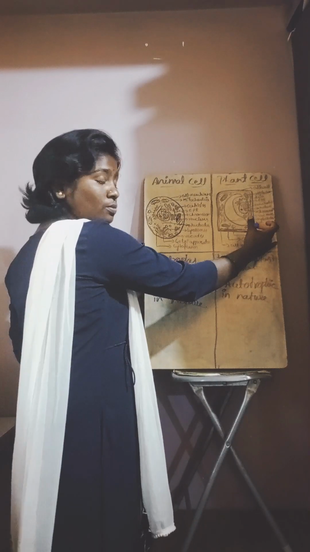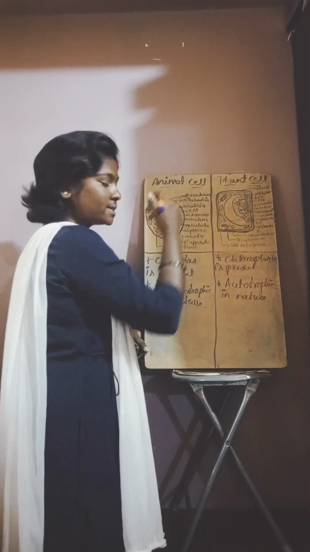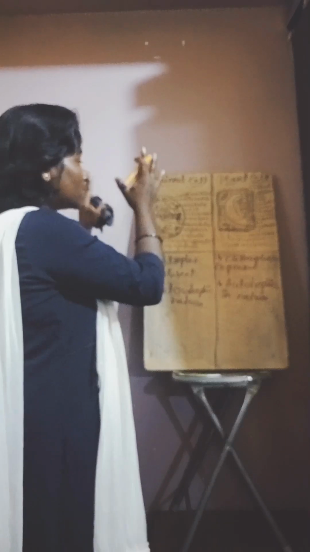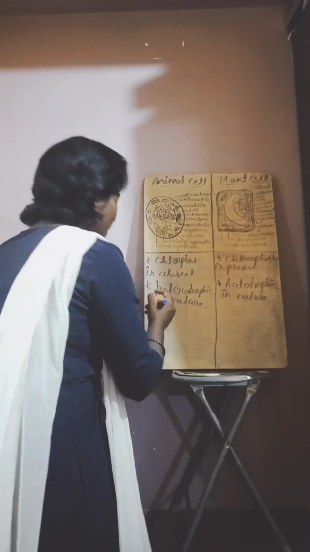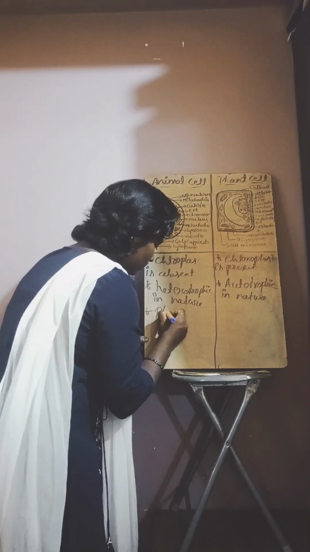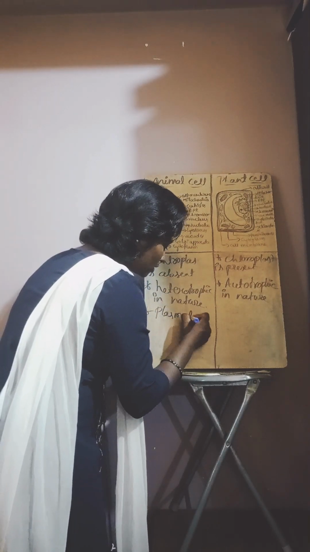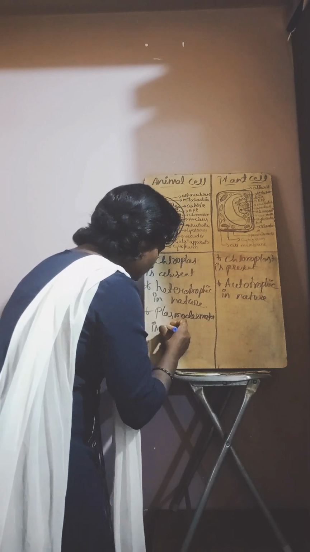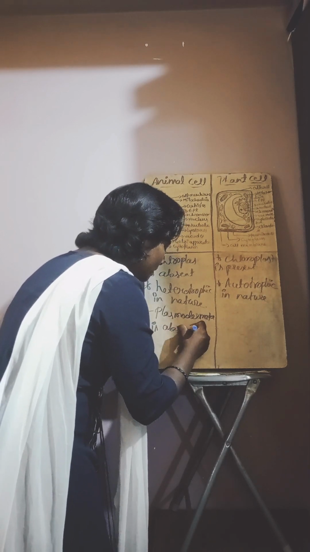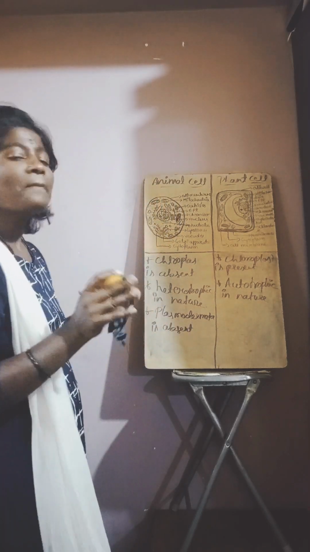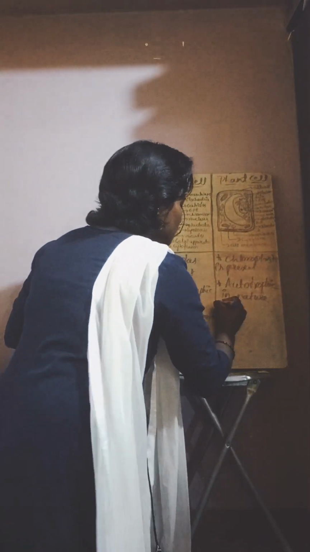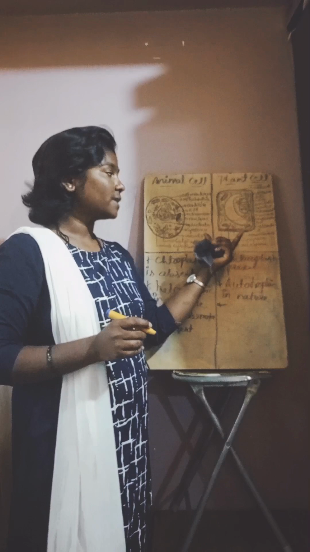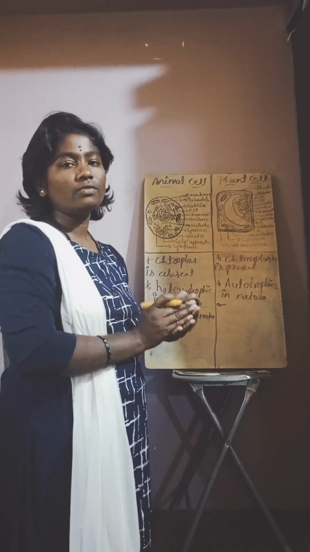Here plasmodesmata is present in plant cells, but in case of animal cells there is no presence of plasmodesmata. Plasmodesmata is absent. Plasmodesmata is also a part of the cell, which will connect one cell to another cell.